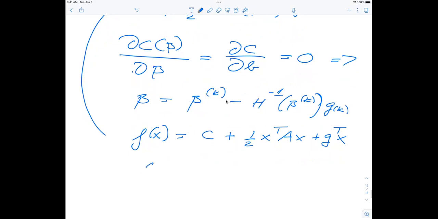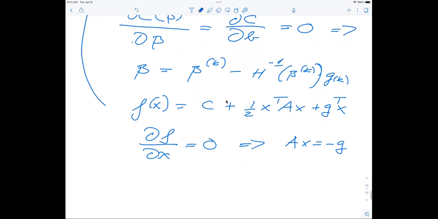And if I take the derivative df/dx equal to 0, that is the same as setting A times x equal to minus g. And this means that x in that case is simply given by minus A inverse times g. This is a famous linear algebra problem, which many of you have seen, a standard problem which, if the matrix A can be inverted, we can solve by Gaussian elimination.